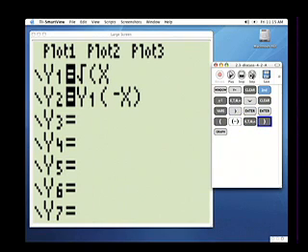So we're taking advantage of the graphing calculator's ability to do functions. So this is telling us the function y sub 1 of negative x.